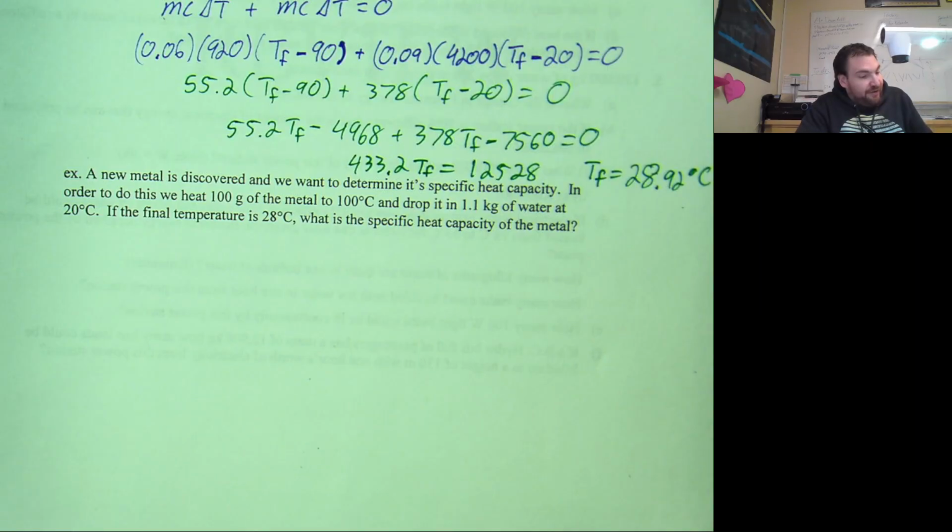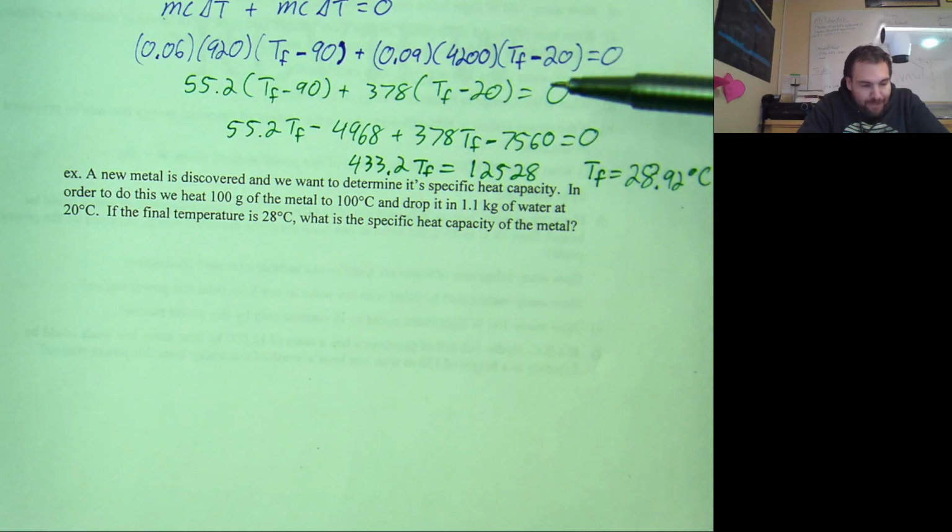Which means it's either only 80% efficient, or we could have been off with my mass. My temperature, I was good. Or it's only 80% efficient. Okay.